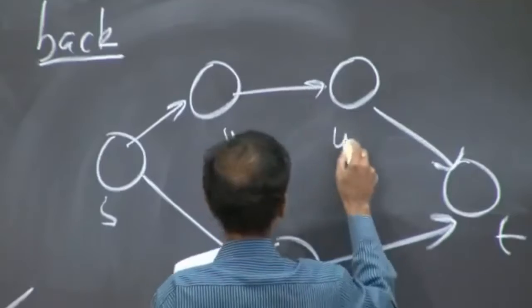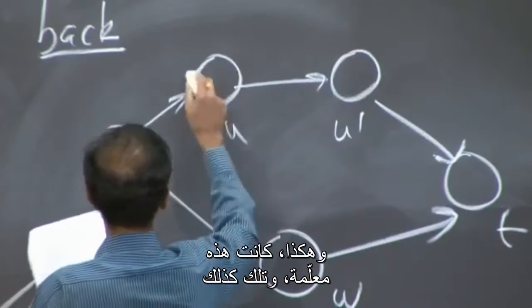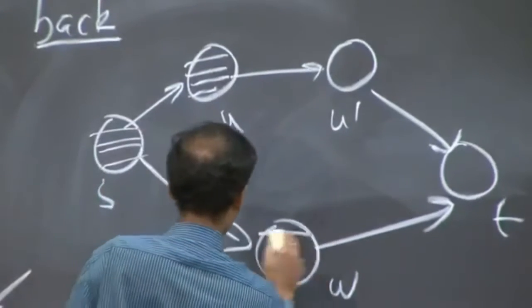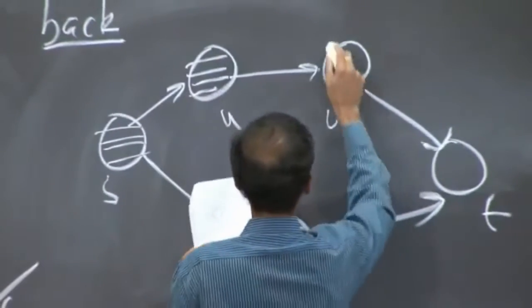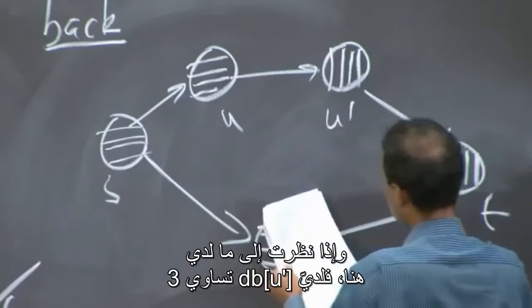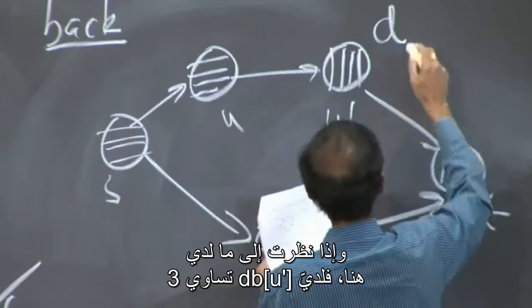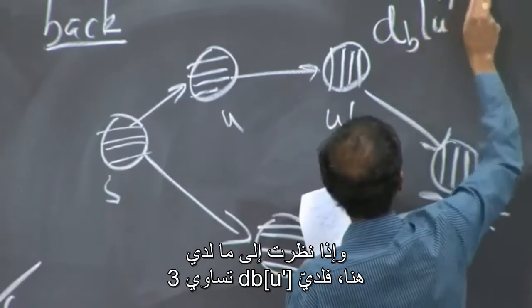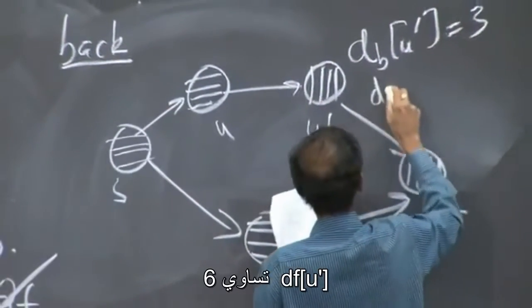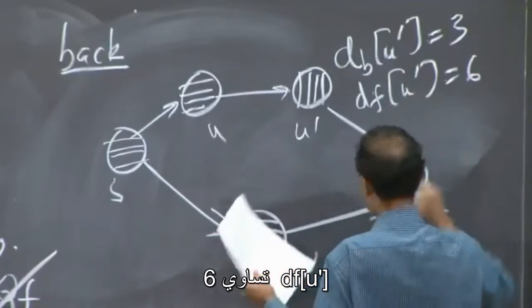So this was hashed, that was hashed. And if I look at what I have here, I have DB of U prime equals 3, DF of U prime equals 6.